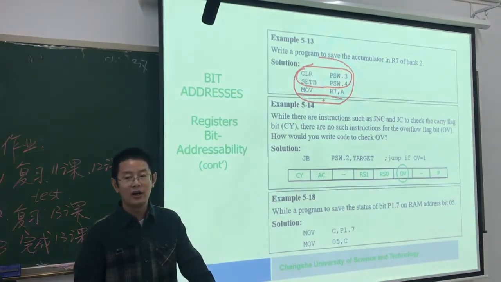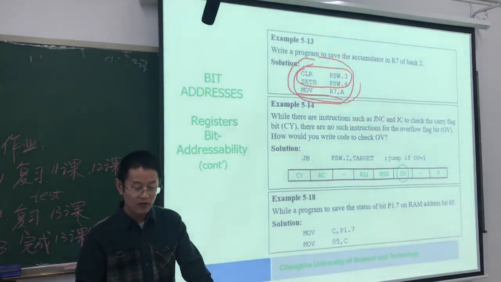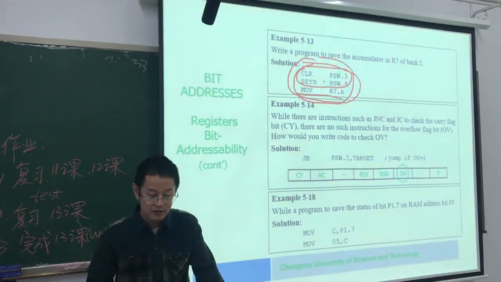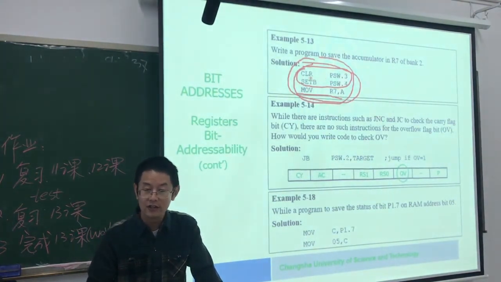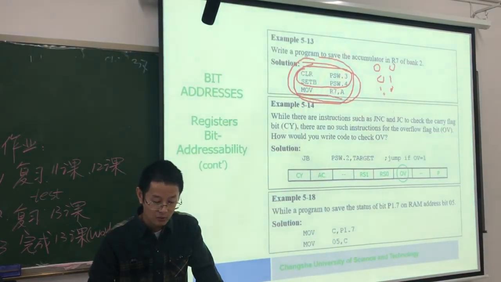When you test this program, you can use different banks, which means you can SETB PSW.3, SETB PSW.4, or just use the combination of 00, 01, 10, 11.